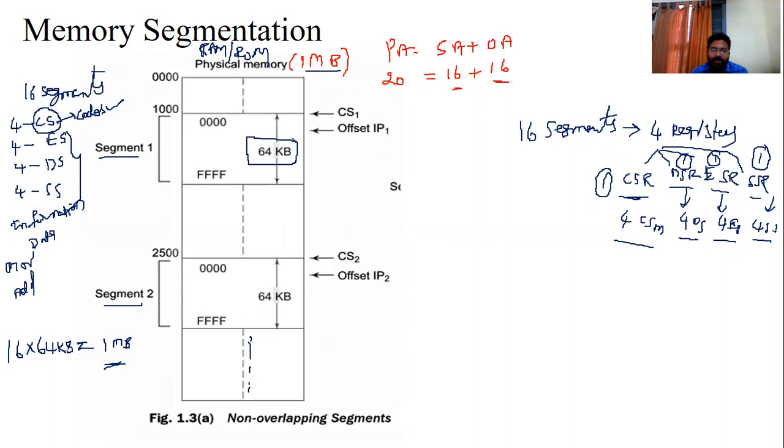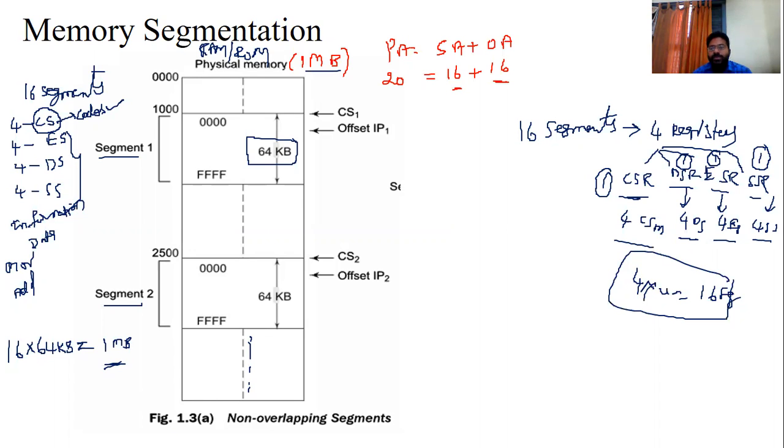That's why 4 into 4 is equal to 16 segments.